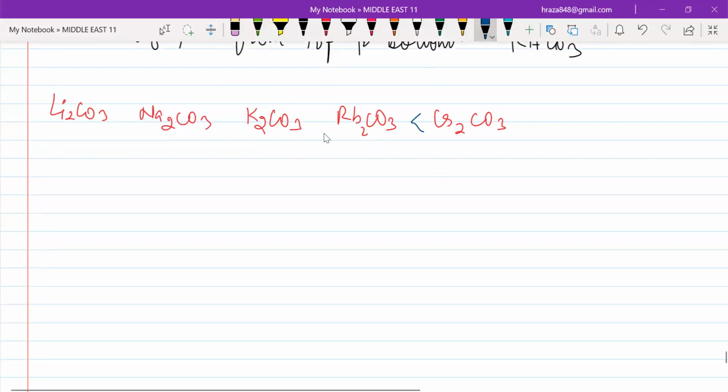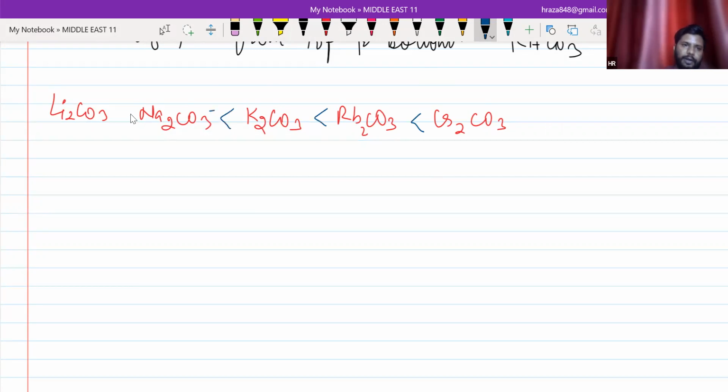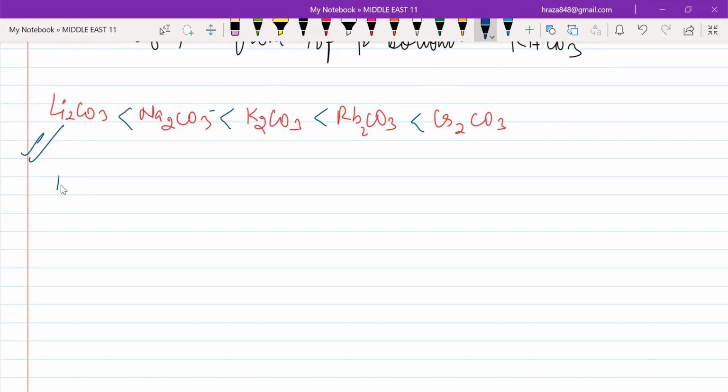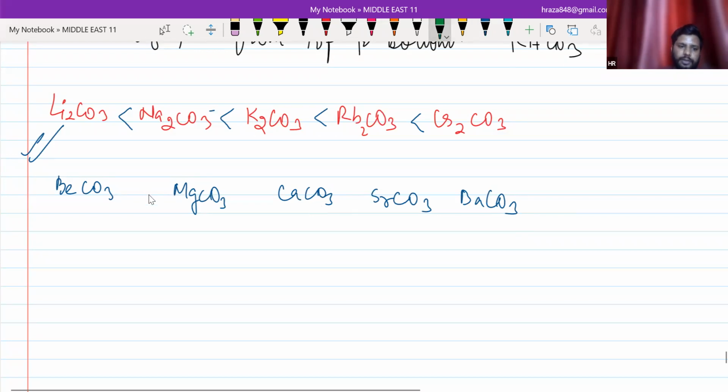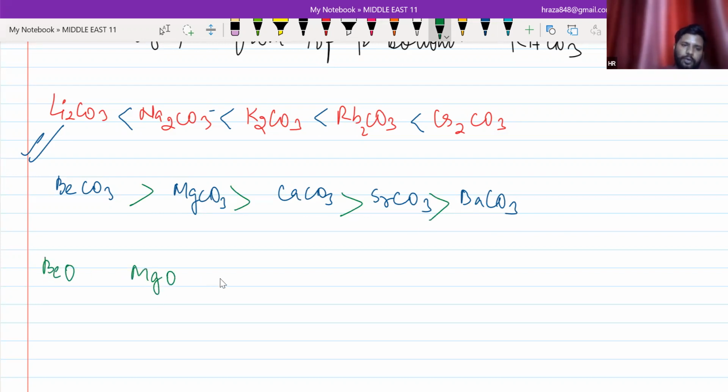So here it will increase. For MgCO3, CaCO3, SrCO3 and BaCO3, down the group it decreases. And if you have BeO, MgO, CaO, SrO, since O2- is present there, it will increase down the group.